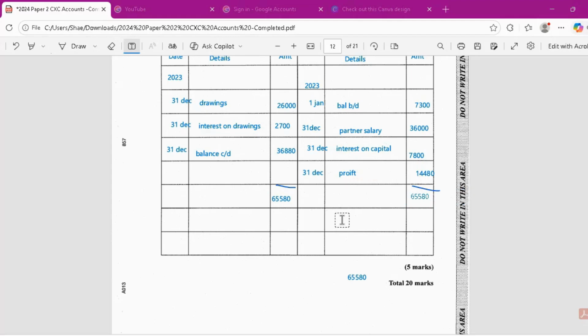So we put balance BD at the 1st of January 2024 of 36,880. Alright, and that would be the end of that question.